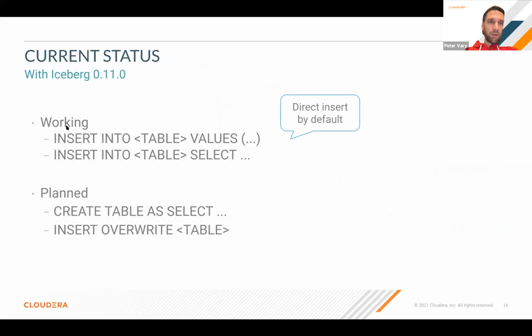So how it works: currently we have a working insert into tables, where you provide the values themselves, or you can use insert into table with a select command. It's very interesting to understand that Hive works in a way that when you are inserting data, Hive creates a temporary directory and puts the data there. Then there is a move task at the end of the query, which actually moves the data to the final place in the table directory.